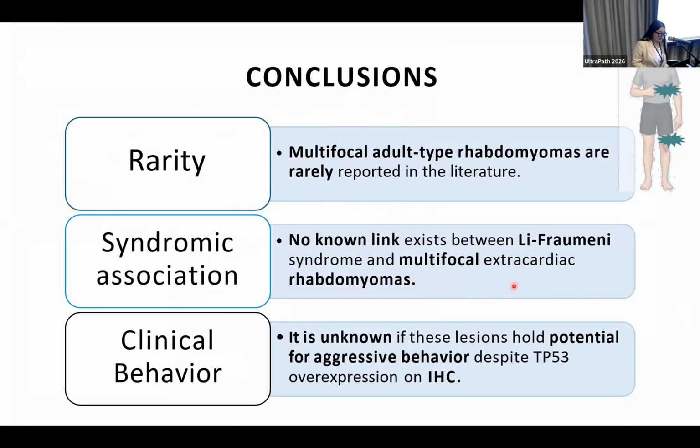At least there is no case report. And because of the overexpression of the TP53, it's unknown if this may confer a potential for an aggressive behavior.